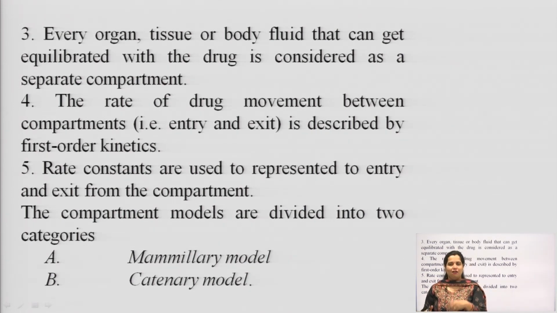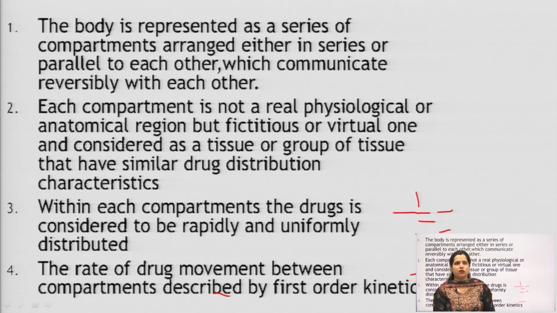That means we consider the body as compartments: from one compartment, the stomach, then blood, and then different compartments, and it is eliminated. This is how we correlate the concept with compartmental things. Basically the mammillary and catenary models come under compartment models.